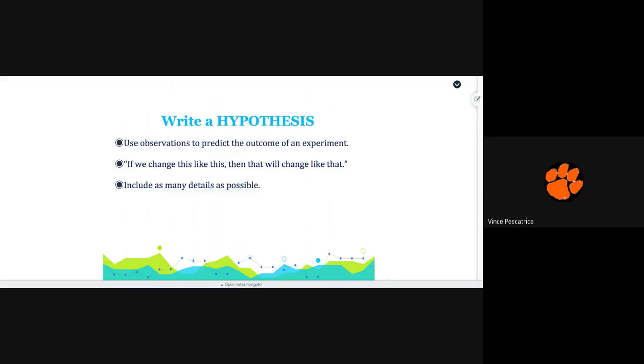Now, this is something I really have to make sure you guys are comfortable with, because it's okay if these are wrong. A hypothesis is not meant to be right. You do not get any bonus points or any points taken away if your hypothesis is right or wrong.